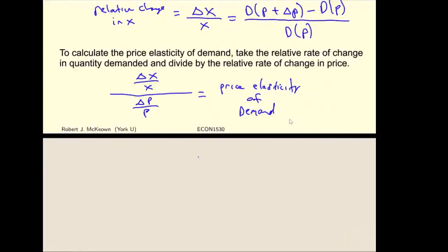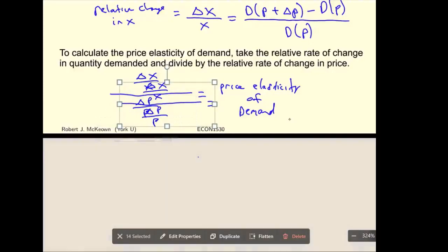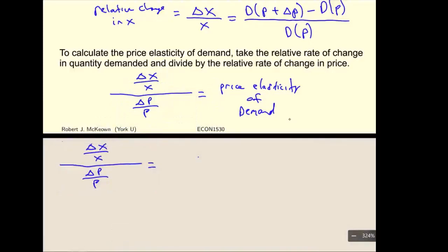Now we can do some rearranging here, so I'm going to take this expression, bring it down here, and what's this equal to? Well, it's equal to D of P plus the change in P, minus D of P, divided by the demand function.